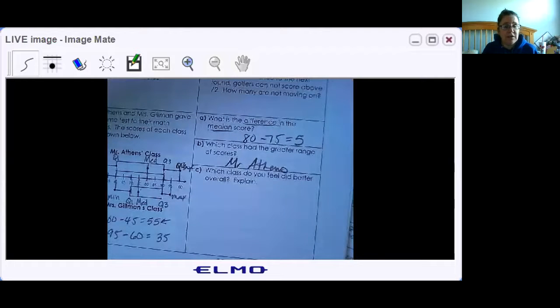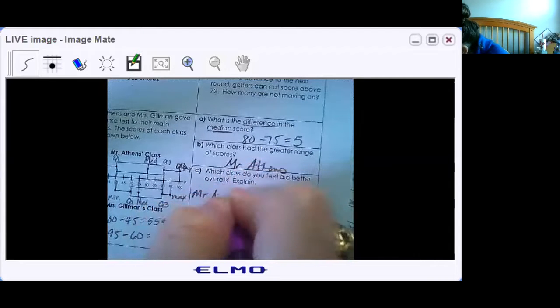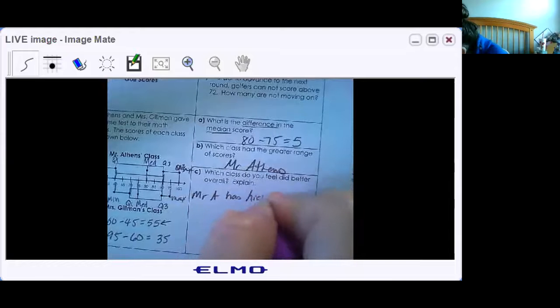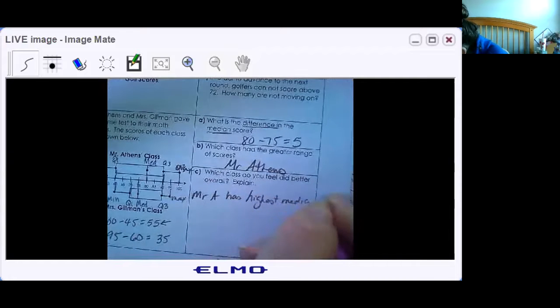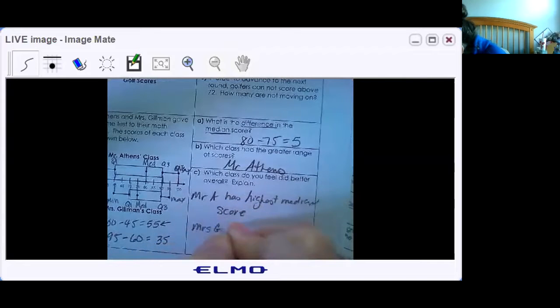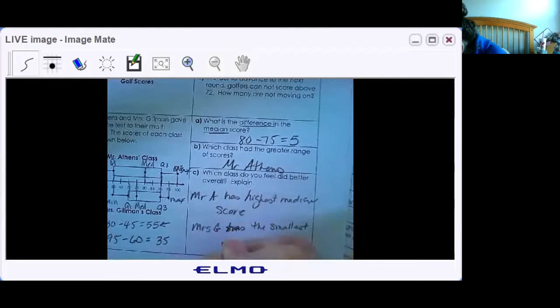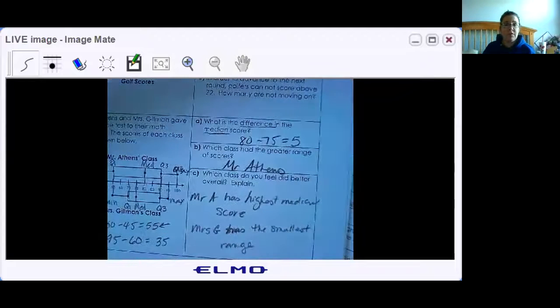Well, if we look at it in terms of who has the highest score in the middle, the highest median score is Mr. Athens. Mrs. Gilman has the smallest range. So depending on which one of those I wanted to use to justify which one had the better score, that would decide what my answer is.